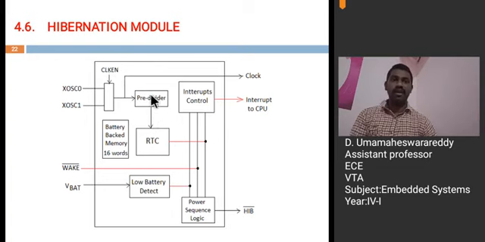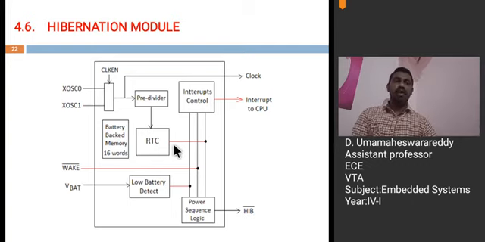Here in the pre-divider, this hibernation module clock is divided or scaled. Scaling means we can reduce the frequency here, and this clock signal is given to the RTC, the real-time clock, for its operation.